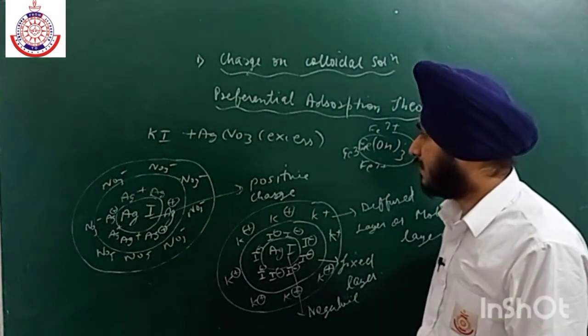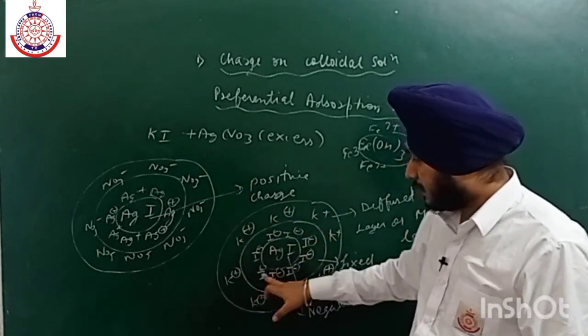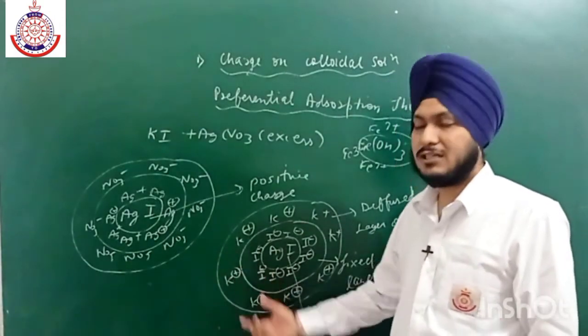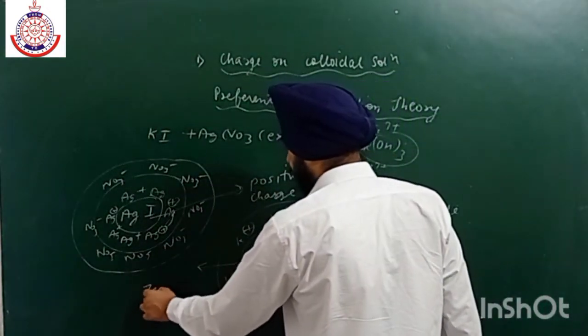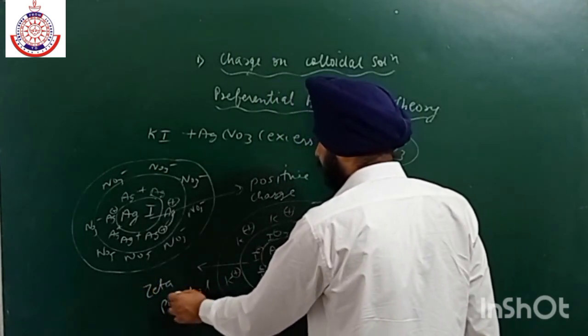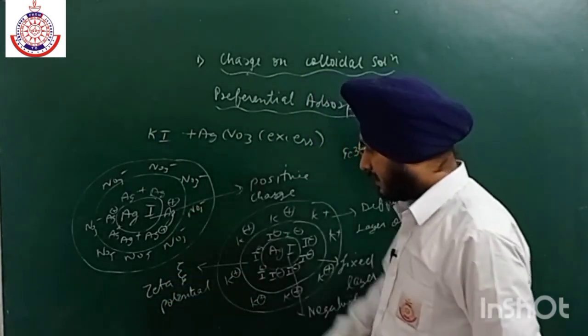Now one more thing. As we know, there is a positive charge, and AgI will get a negative charge due to I negative. So there is a potential difference generated, and this is known as zeta potential. It is denoted by Xi. This is the exact symbol.